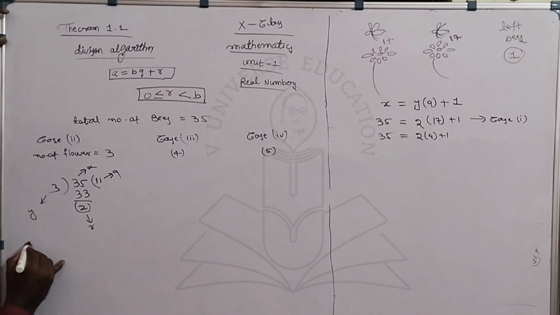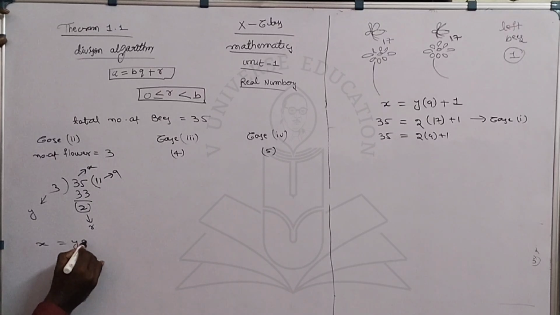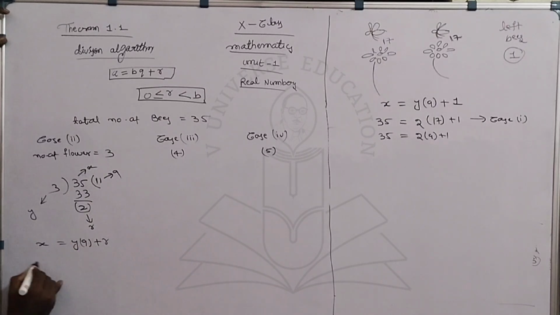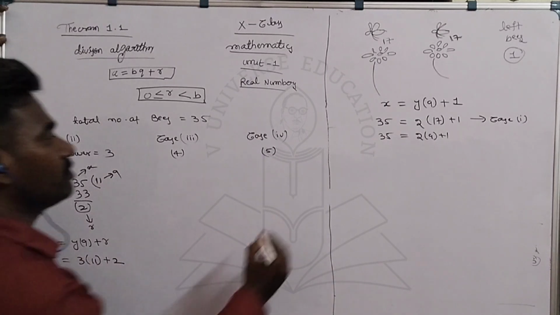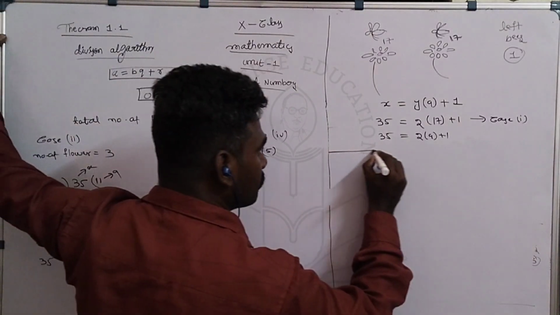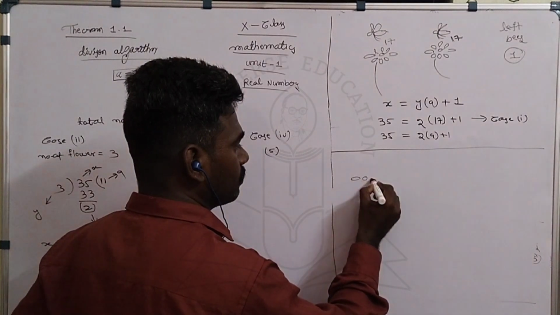In our format, x is equal to ya plus r, so 35 is equal to 3 into 11 plus 2. So these are the number of bees left.